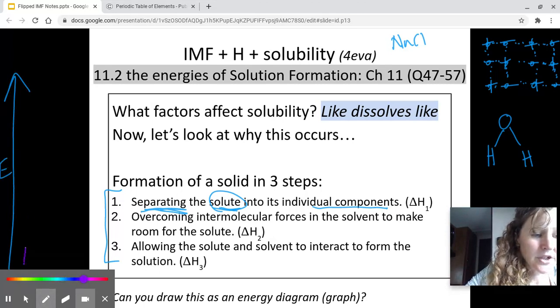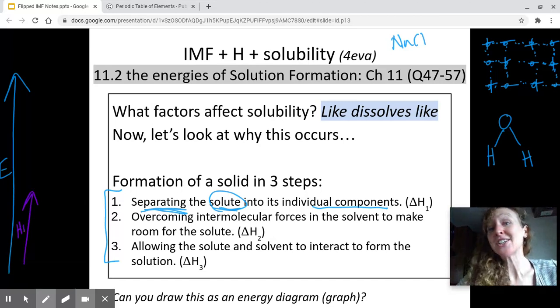It's going to take energy. So this would be H1. It's actually going to take a lot of energy. We're going to have to overcome these ionic forces inside this crystal in order to separate it into components.